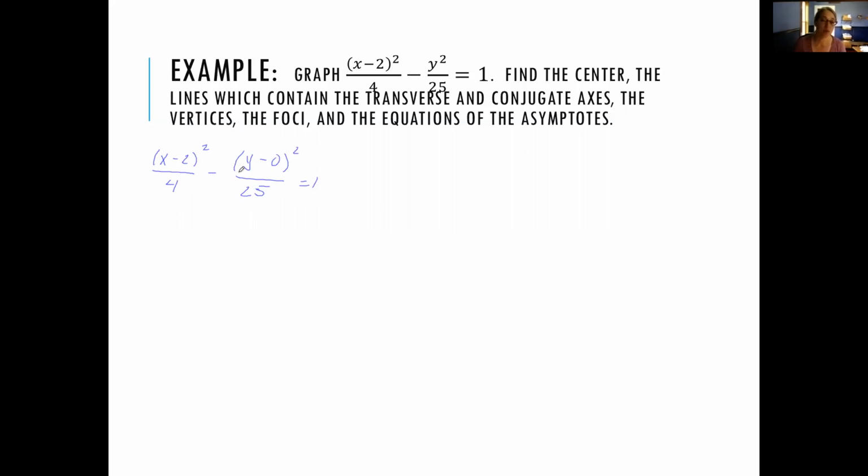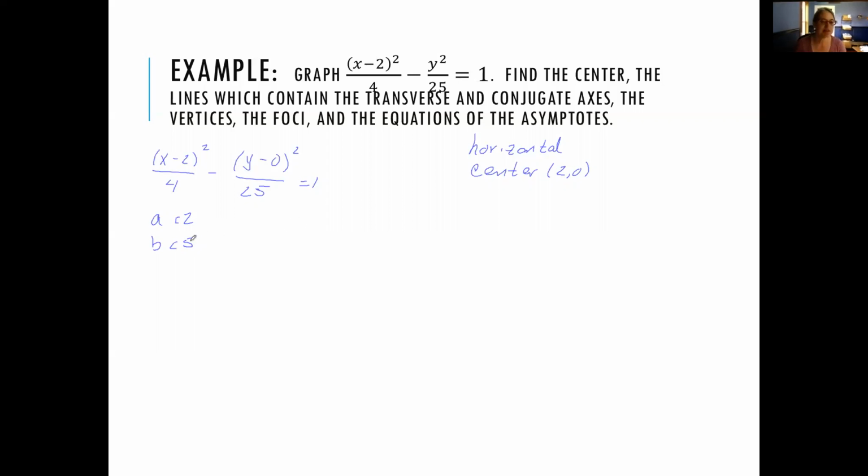Now, y is subtracted from x, so we know that this is a horizontal hyperbola, right? We've got h, k. We know that the center then is at the point (2, 0). We know that a equals 2 and b equals 5.